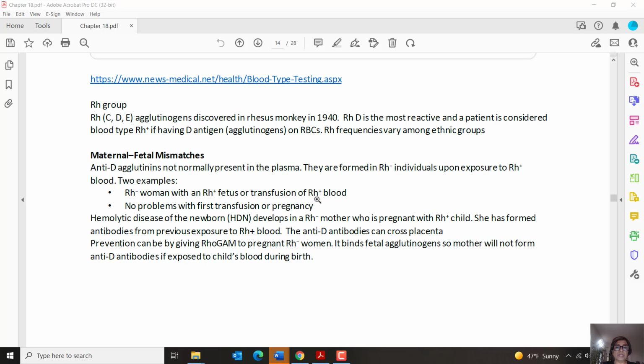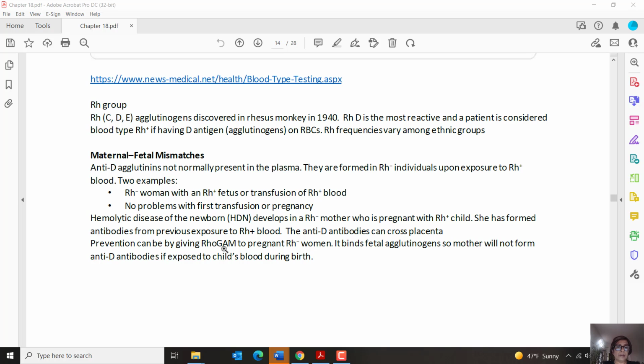But if the same mother has a second child who's also Rh positive, then the antibodies which were produced the first time form memory cells. They will very quickly produce the antibodies against the second child, and it will lead to the death of the fetus, right? They can cross the placenta and they can kill the baby.